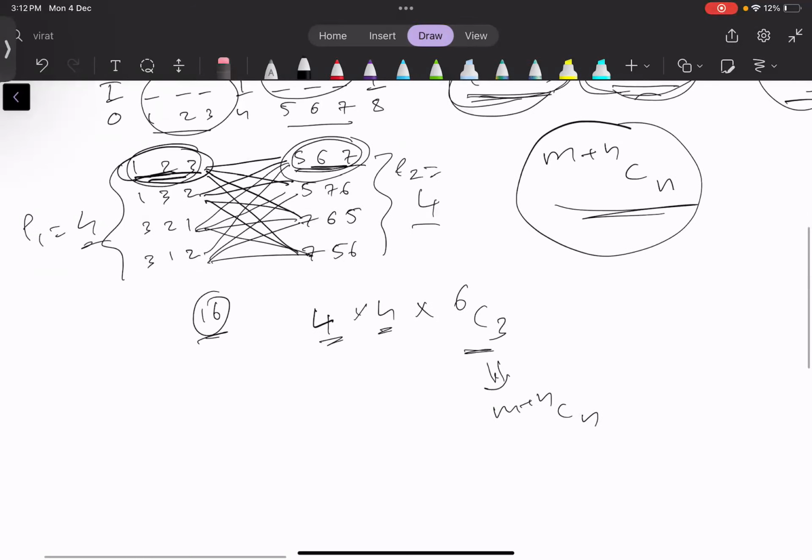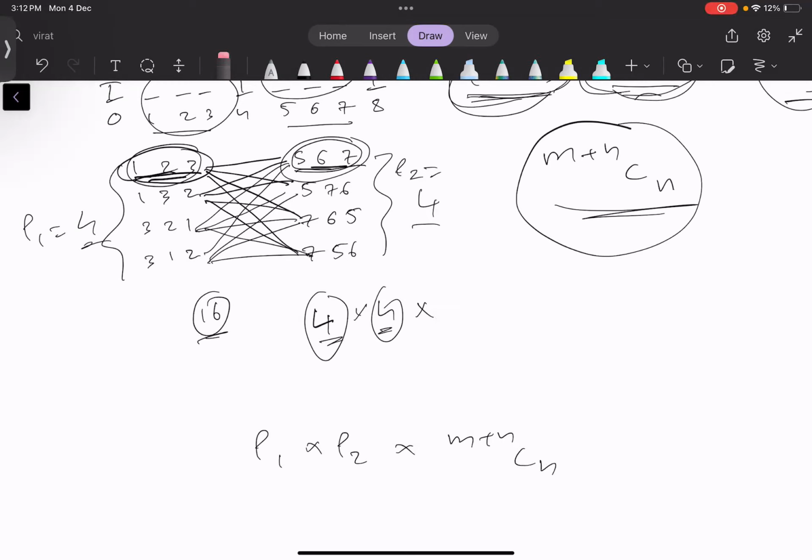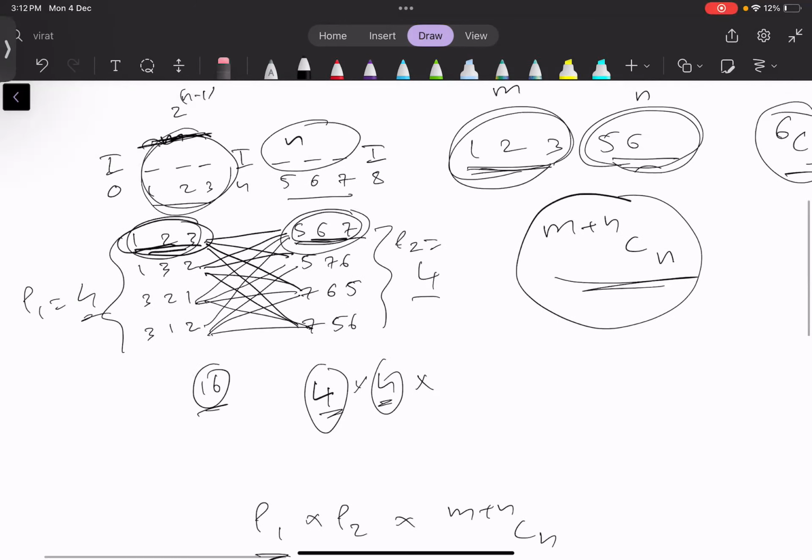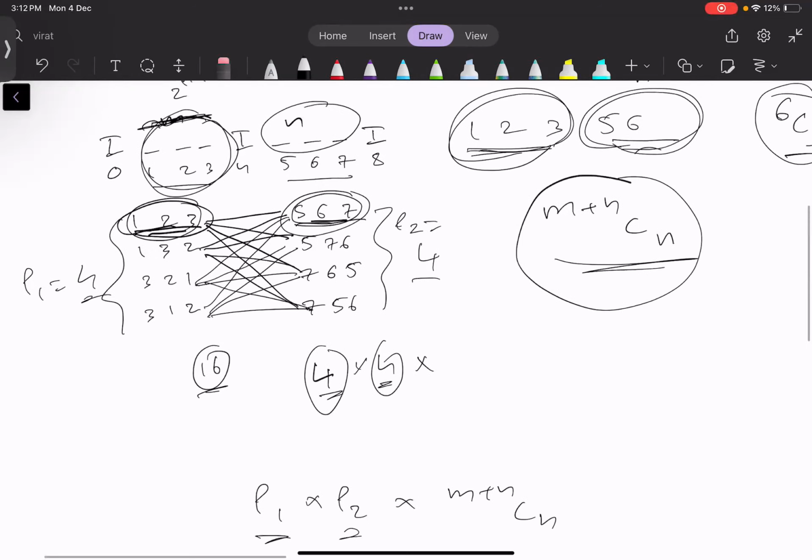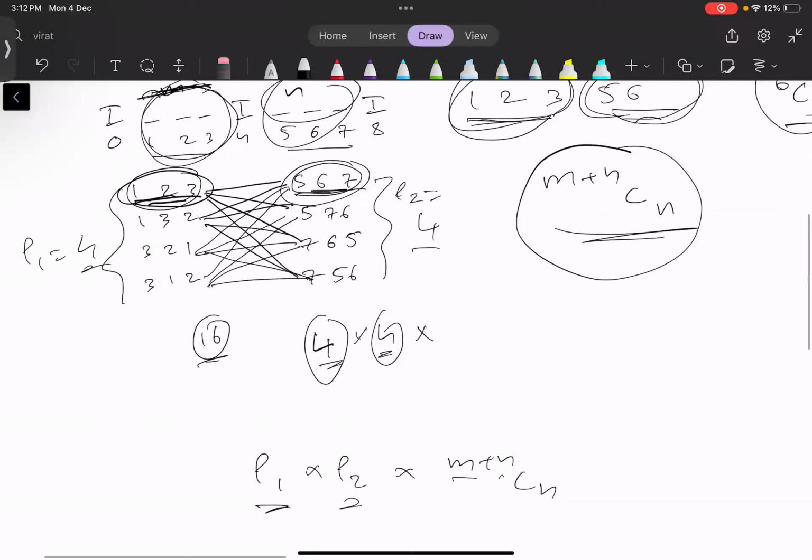So if these are P1 and P2, it's P1 into P2 into M plus N C N. This is our generalized formula, right? Where P1 indicates the number of possibilities of arranging this part, P2 indicates the number of possibilities of arranging that part, and M and N are the lengths.